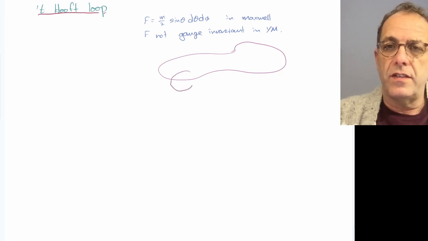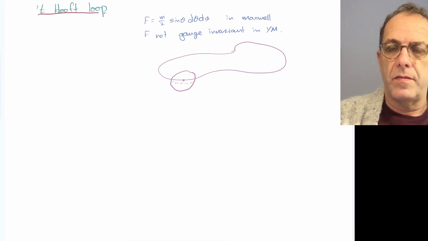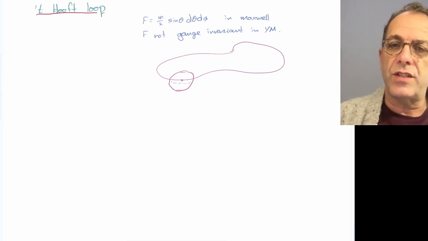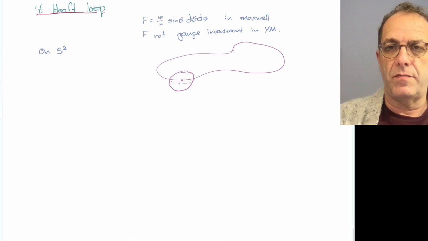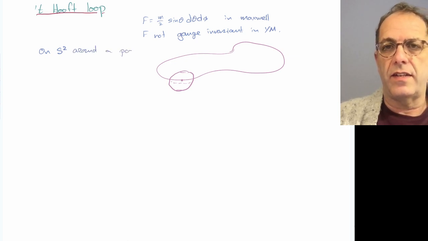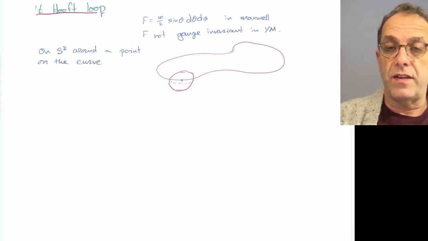't Hooft's definition relies on the notion of the Dirac string. In 3 dimensions, you know that you can link a line with a circle. In 4 dimensions, it's linked with a 2-sphere. 't Hooft wants us to calculate Wilson loops along this 2-sphere at latitudes.